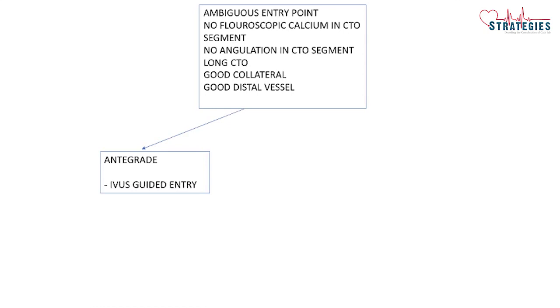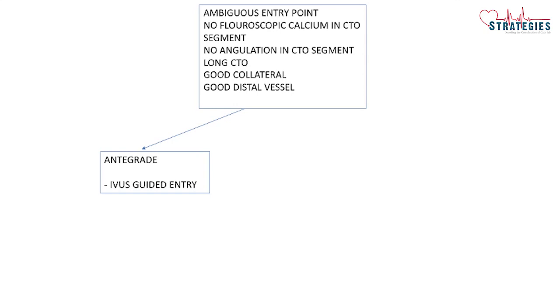So what is the wiring strategy for this patient? Antegrade, as the entry point is ambiguous, we have to use an IVUS guided entry if we want to try antegrade.